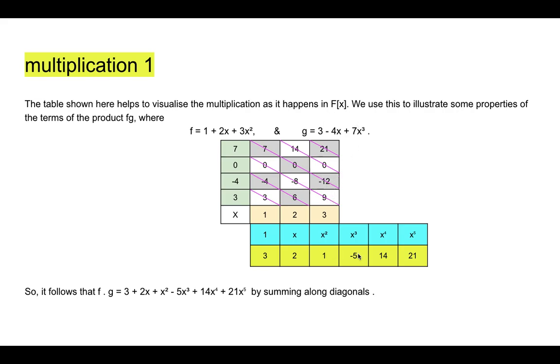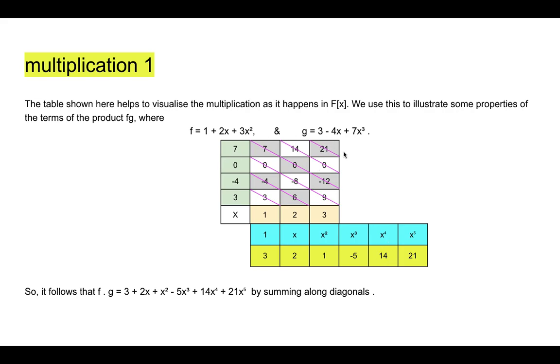Negative 12 plus 7 gives negative 5, so that's the coefficient on the x cubed term. Now for the quartic term, we have simply 14 that comes from 2x multiplied by 7x cubed, and that's the only way to generate a quartic term here. 3x squared does not multiply with anything over here in g to give a quartic term, and neither does 1. So the quartic term has coefficient 14.